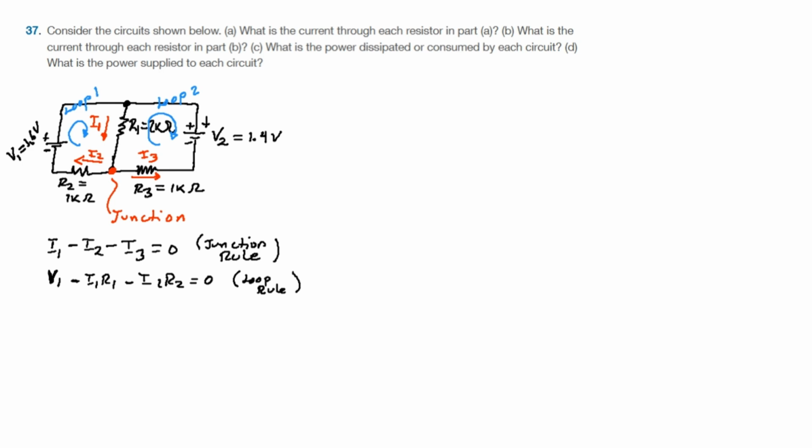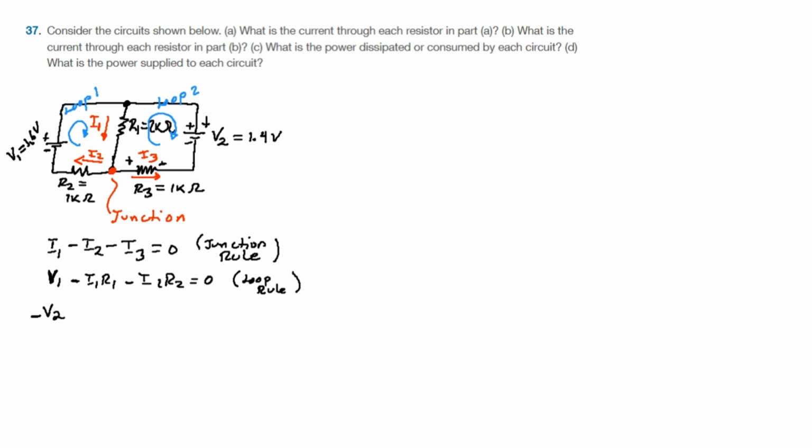So we have minus V2. I will pass through R sub 3 against the direction of the current because I am just taking the loop clockwise. So when I go from negative to positive across my resistor, I have an increasing potential.